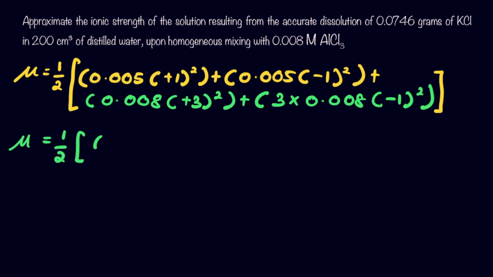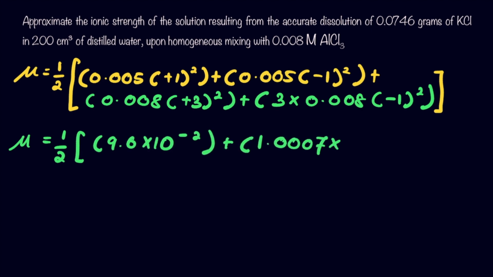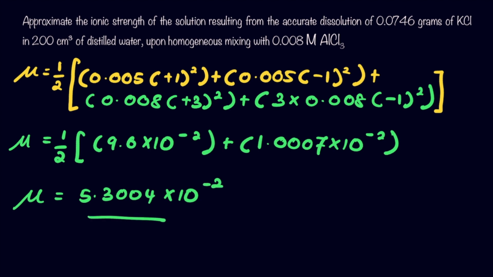You should get 9.6 times 10 to the power of negative 2 plus 1.0007 times 10 to the power of negative 2. Therefore, you will get your ionic strength is equivalent to 5.3004 times 10 to the power of negative 2. So this is the final answer for the second question.